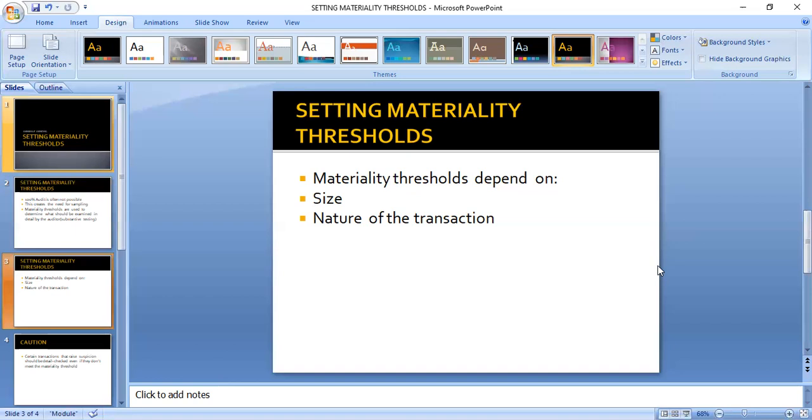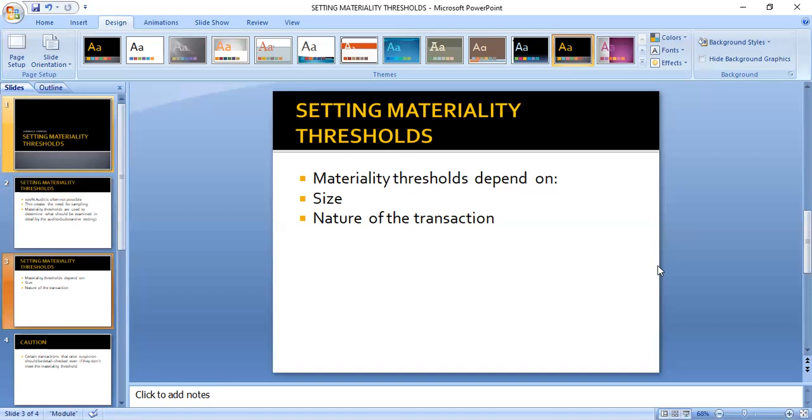Another type of transaction that may look insignificant but may be important is related party transactions in an organization. So, transactions of the MD, transactions of the executive directors, transactions of the non-executive directors relating with the business. Those kinds of transactions may not be at arm's length, like we say in auditing.